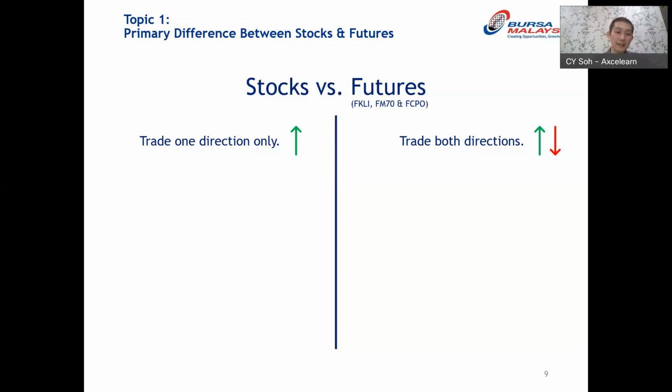Now, the second difference is on margin. Both stocks and futures have this thing called margin, but they are actually referring to very, very different things. Let's look at stocks first. In the stock market, we have margin in the terms of a margin account.